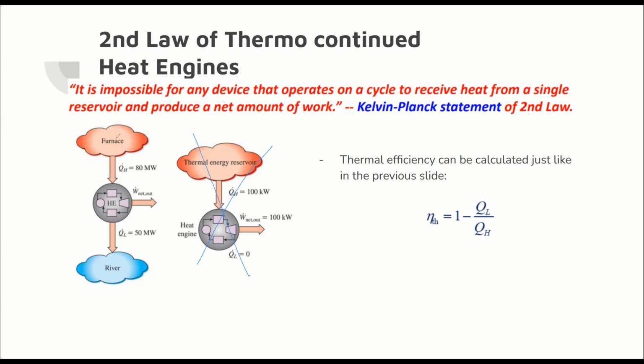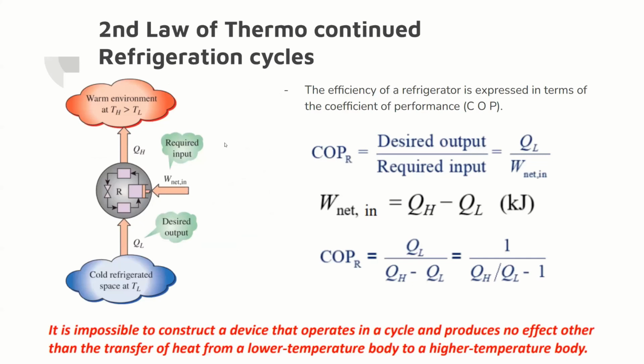You can't just have heat going into a turbine system and just having work created. You have to have heat transfer going out. You have to have a QL or a Q out.